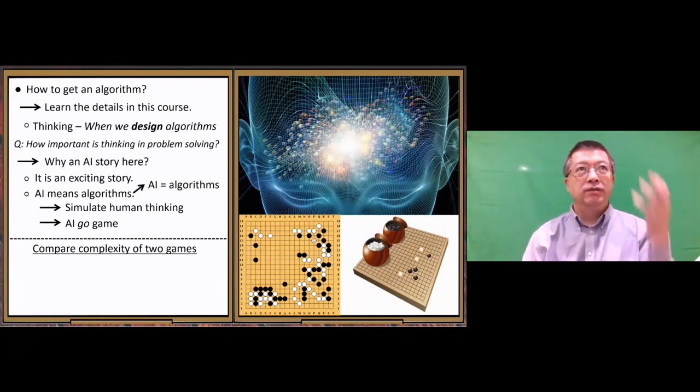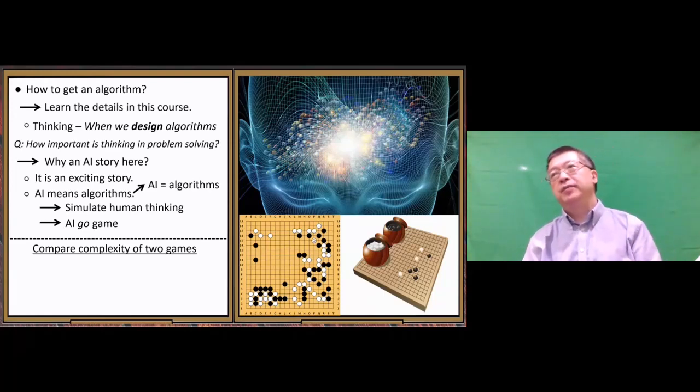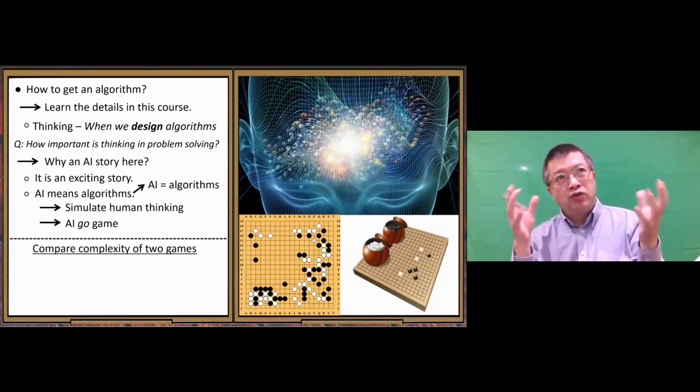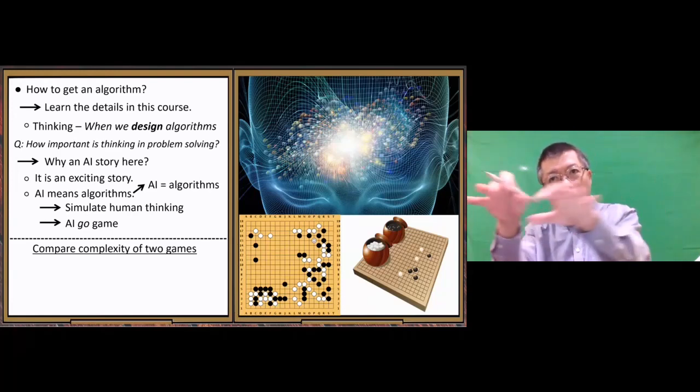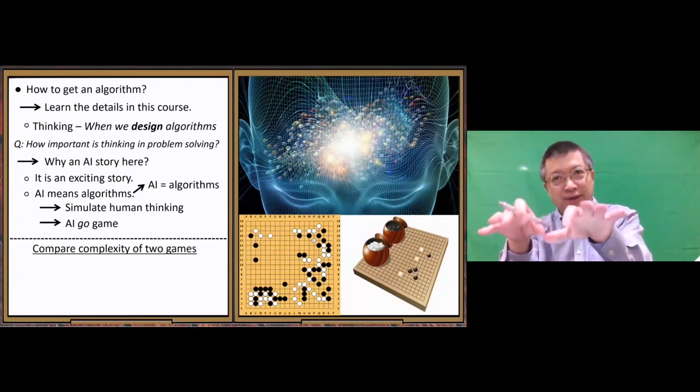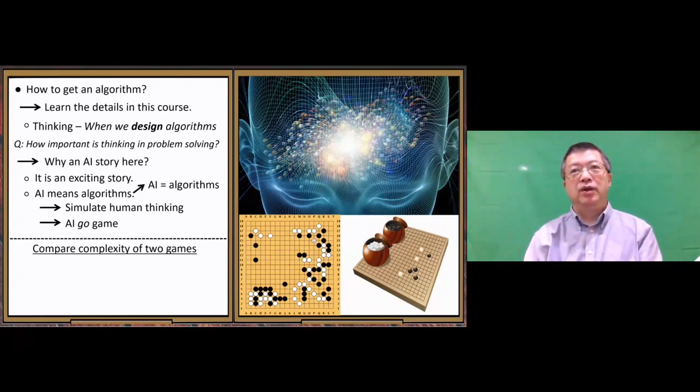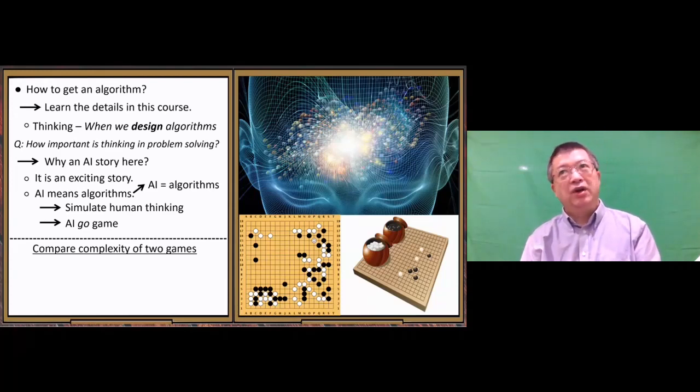So finally, at the end, the one who controls more points on the board wins the game. So that's simple. But I do not want to talk about the rules. Too complicated. So if you are interested, you can do some research on the web. Yeah. All right.